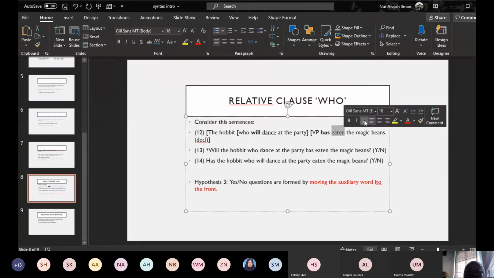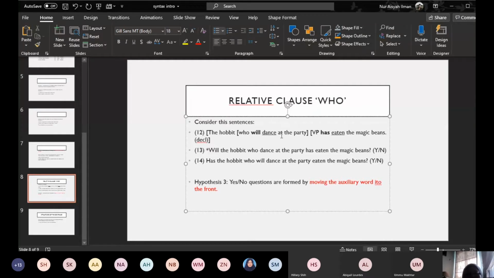One is the matrix clause with the verb eat, and then you have the subordinate clause. The subordinate clause is modifying, telling more about the hobbit. So which hobbit? The hobbit who will dance at the party. There's one particular hobbit who has agreed to dance at the party.